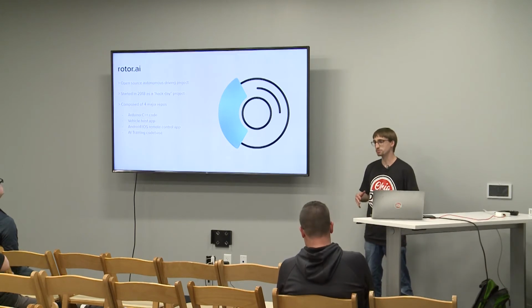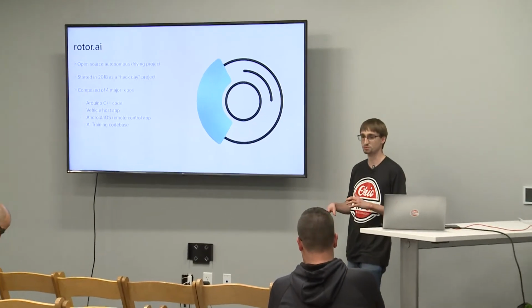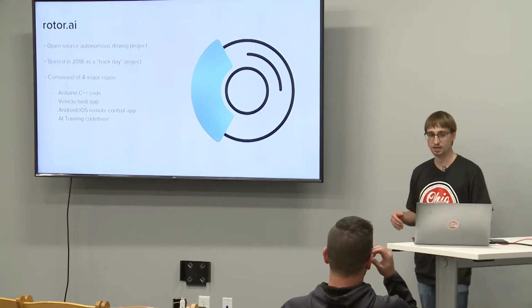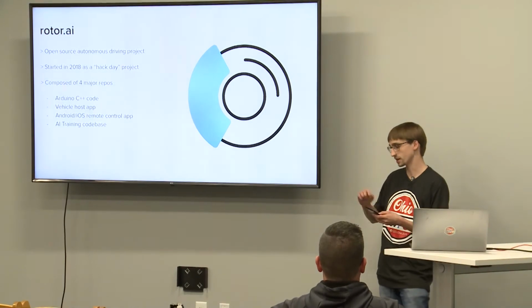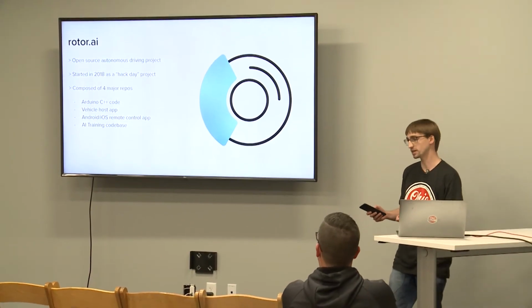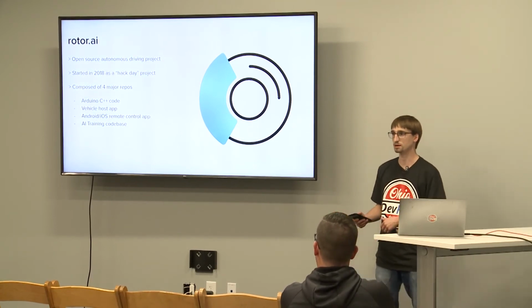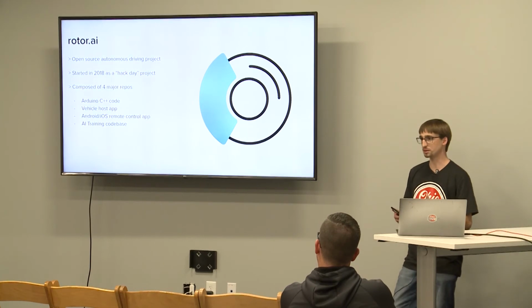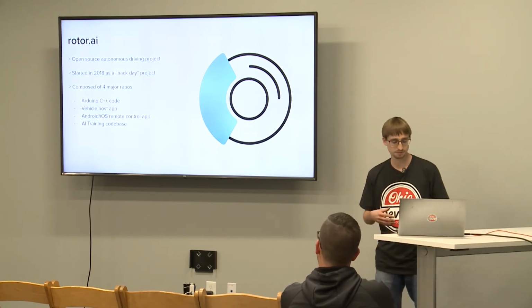The project itself is composed of four code bases. The one that we're going to be going over today is just the Android and iOS app that we use on our phone to connect to the vehicle itself. So if we need to manually manipulate the vehicle for whatever reason, stop, start, move left or right, that was one of the basic things that we wanted to get down before jumping into the AI component of itself.